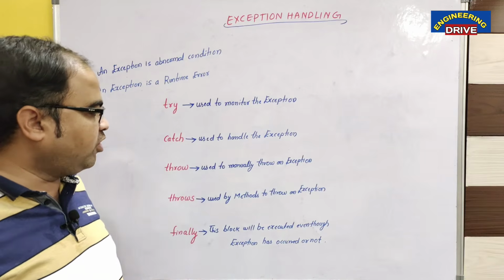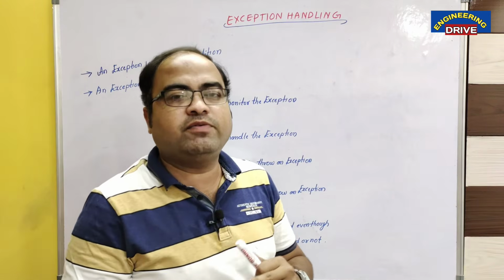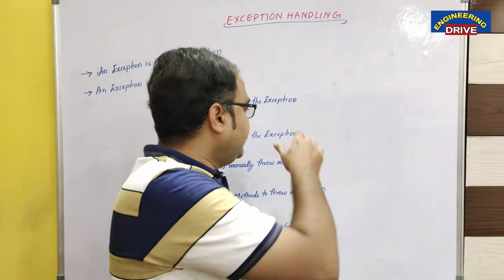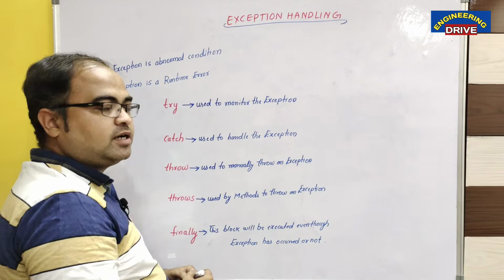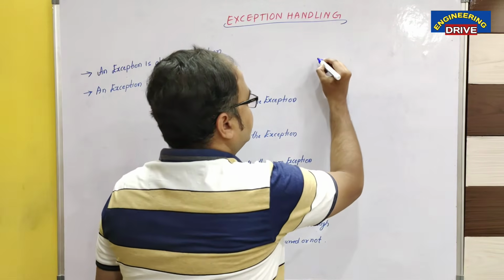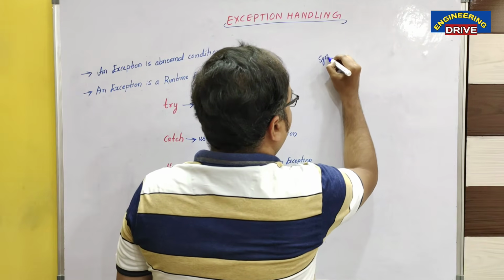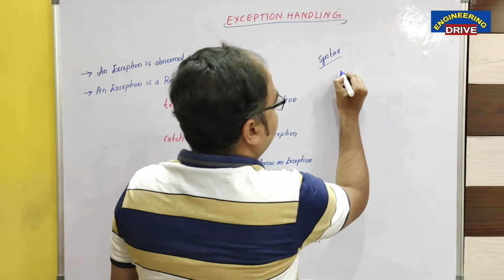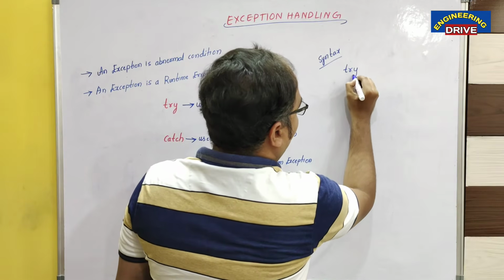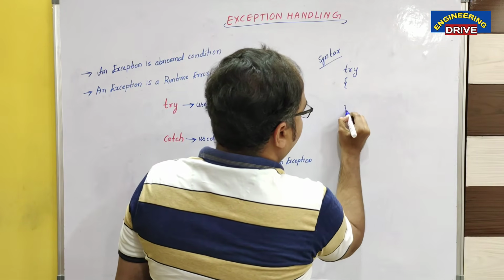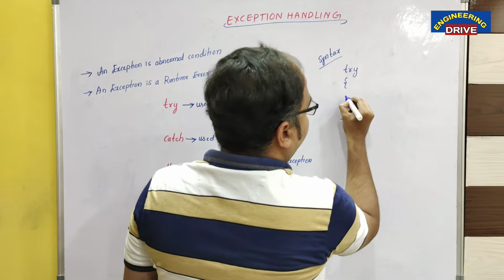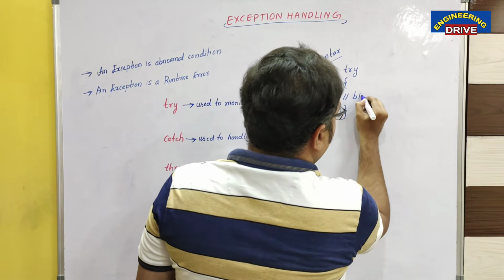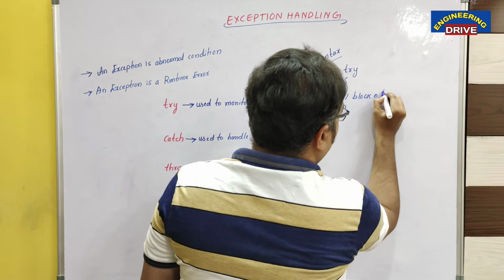So we will make use of all these five keywords when we are writing a Java program to handle exceptions. Now, what is the syntax of using these keywords, sir? Can you tell us the syntax? So generally in our Java program we will make use of the try block, in which we put the block of code to monitor, the code that generates the exception.